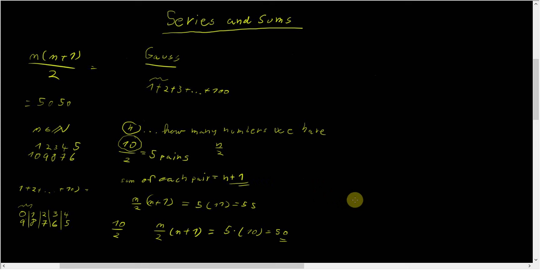Now another way of explaining this, and I think probably it might be more intuitive for you. It might be a better way of really explaining it. It's basically if we write it twice, if we write all the numbers in pairs twice, kind of.